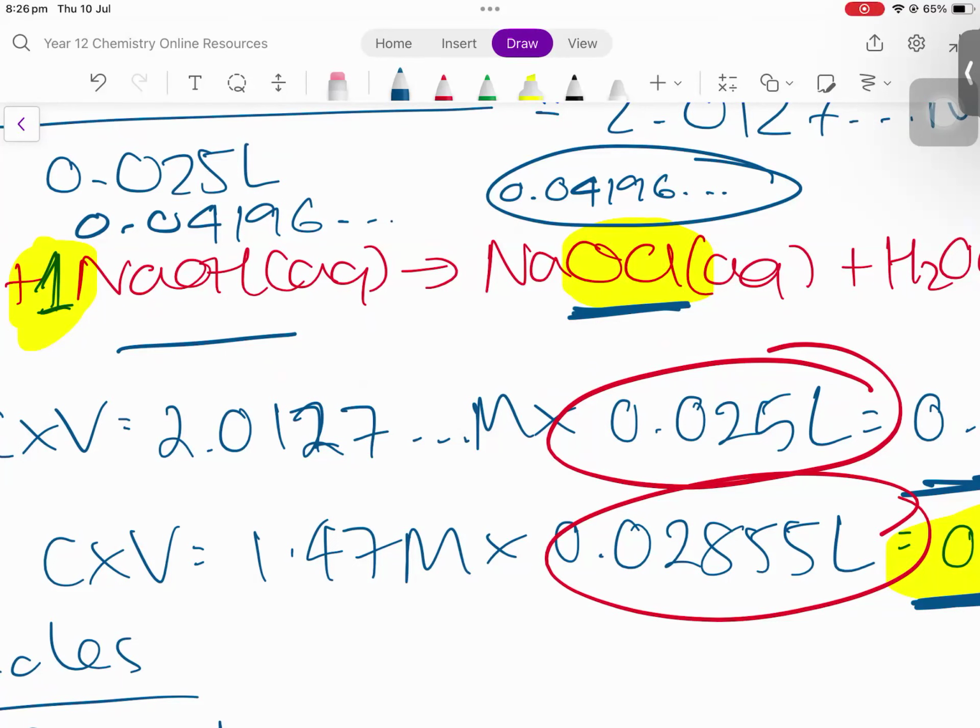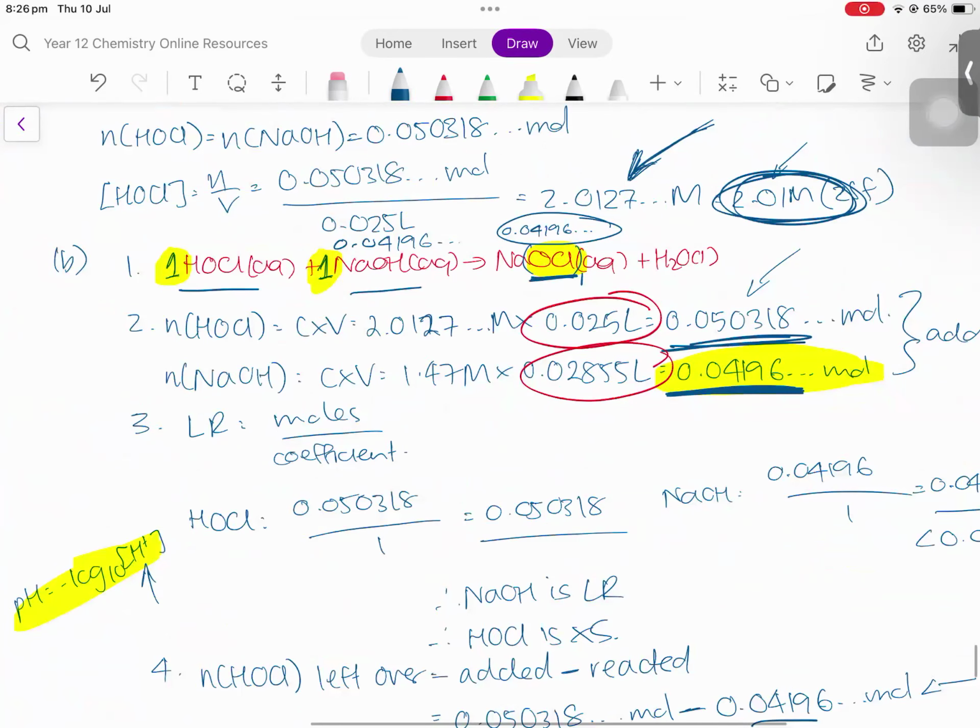0.04196 moles of your NaOCl, 0.04196 of your OCl minus as well. Okay? That's the moles though. Your ice table doesn't take moles, your ice table takes concentration.